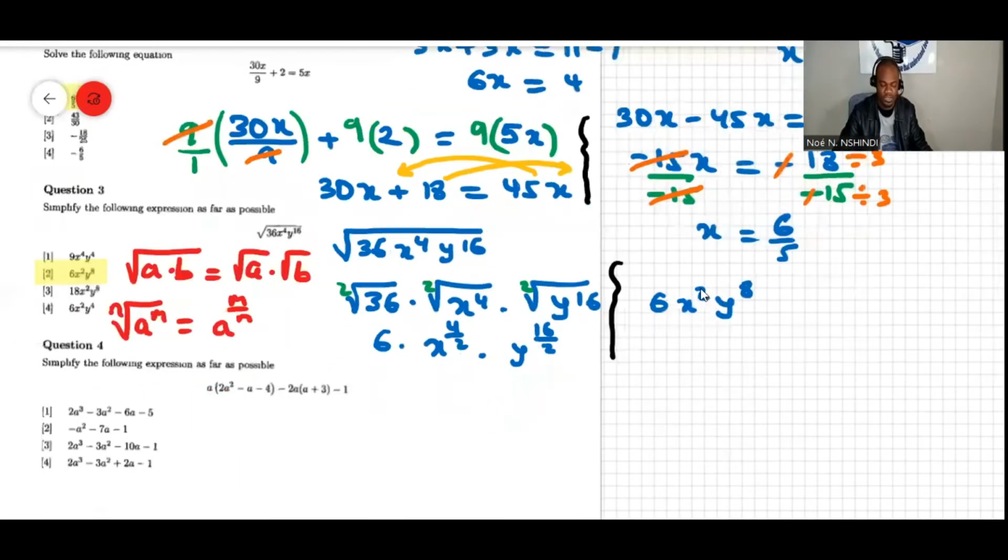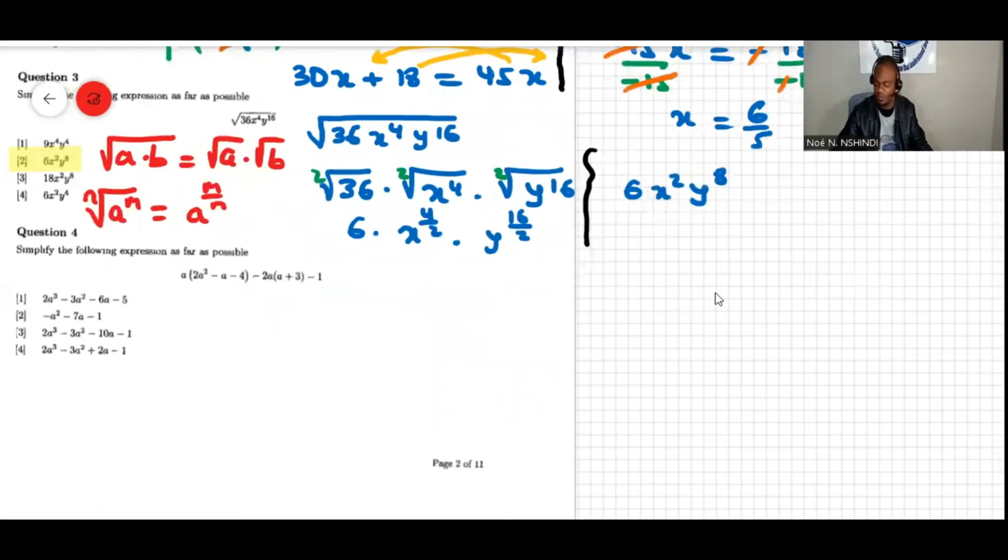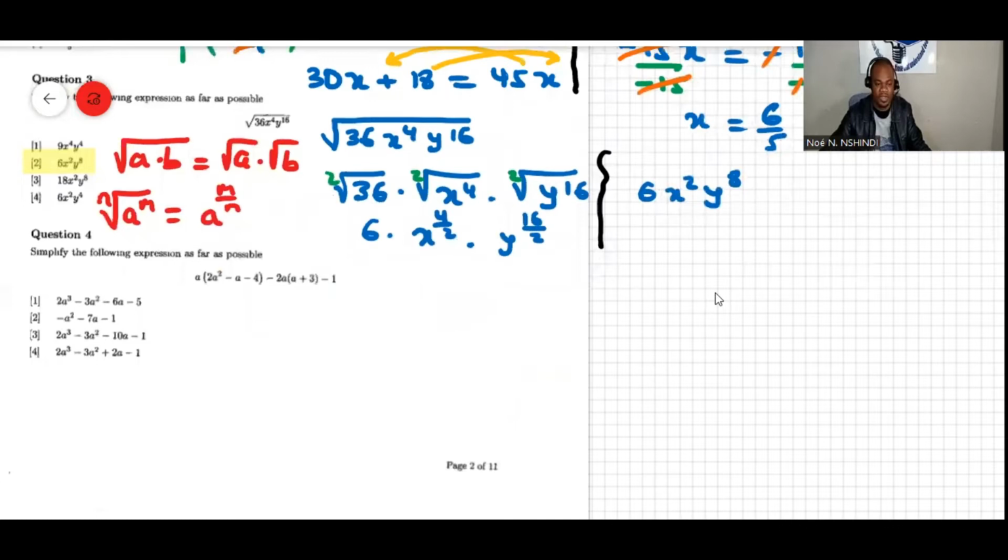The next question on this page is question 4. The question says simplify the following expression as far as possible. So I'm going to write it here: open bracket 2a squared minus a minus 4 close bracket minus 2a open bracket a plus 3 close bracket minus 1.